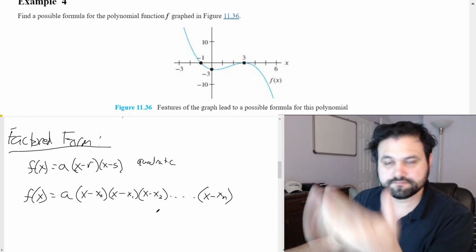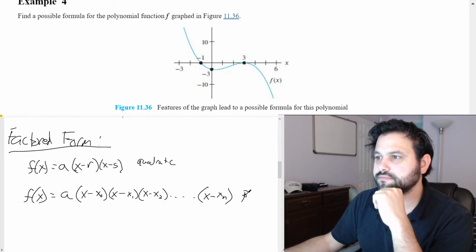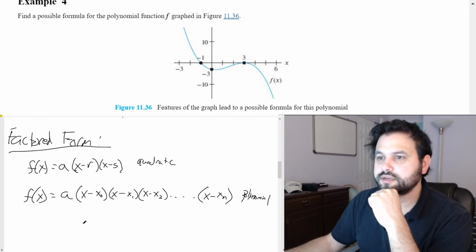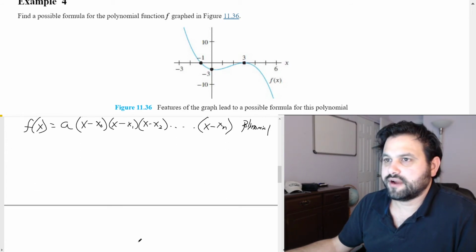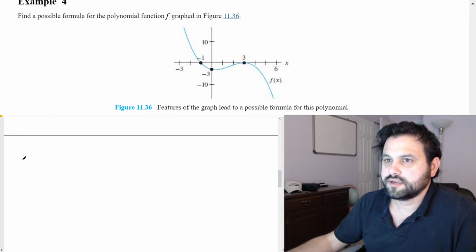And that would be for a polynomial function. So now using this idea, let's take a look at that graph in example 4.